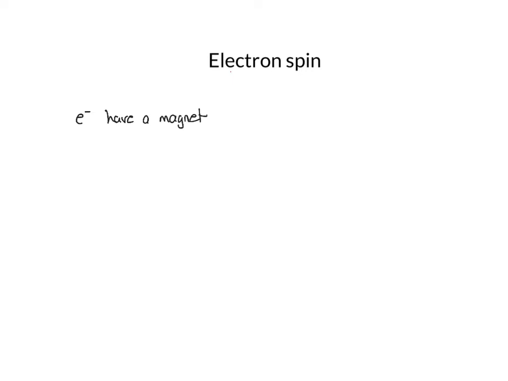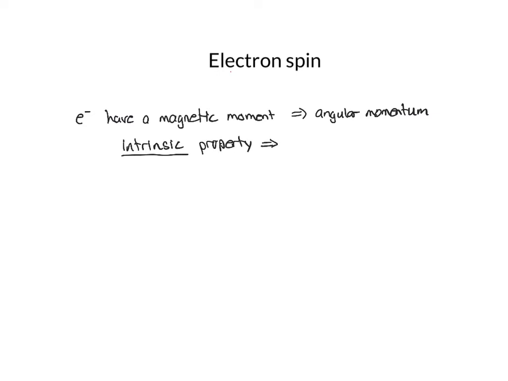So they will be attracted differently to the poles of a magnet depending on whether they're +0.5 or -0.5. And the fact that a charged particle has a magnetic moment means that it must have an angular momentum associated with it. So one of the intrinsic properties of this electron, just something that is part of that electron, is the fact that it has an angular momentum associated with it.